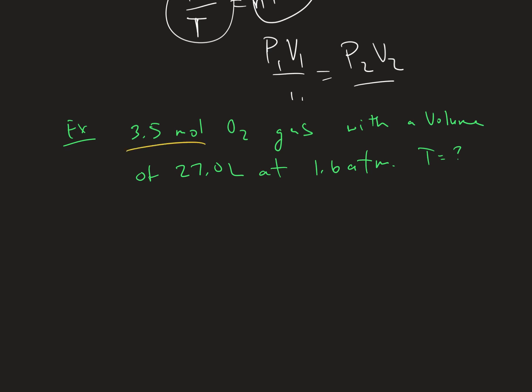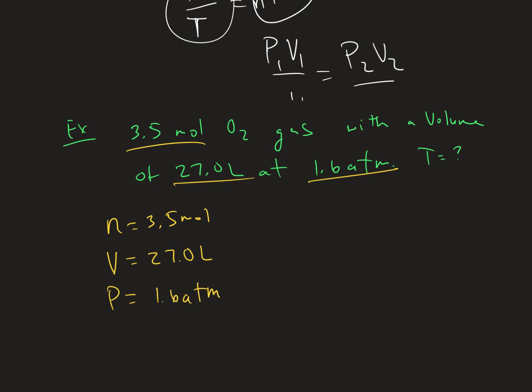So let's write down what we know. n equals 3.5 moles. Volume equals 27 liters. Pressure equals 1.6 ATM.